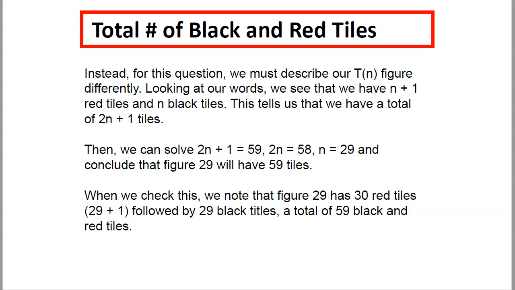And we can conclude that figure 29 will have 59 tiles. When we check this, we note that figure 29 has 30 red tiles, that's 29 plus 1, followed by 29 black tiles, so that's a total of 59 black and red tiles. You'll get more practice with this as you work on Activity 2.4.